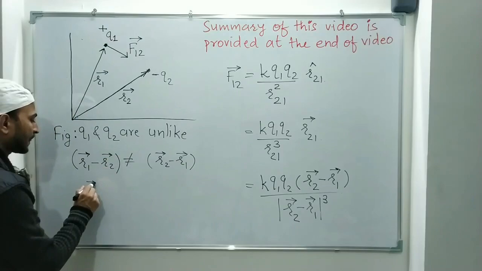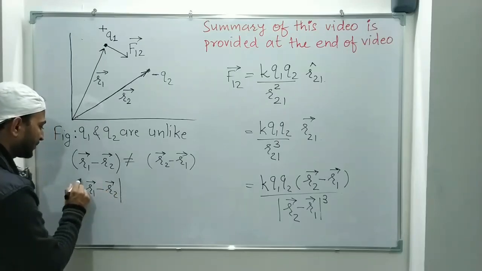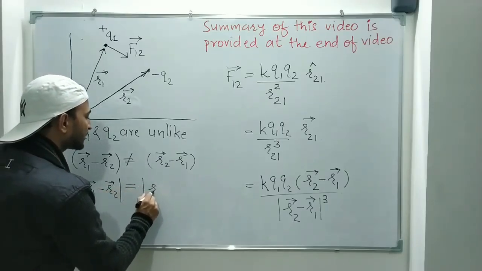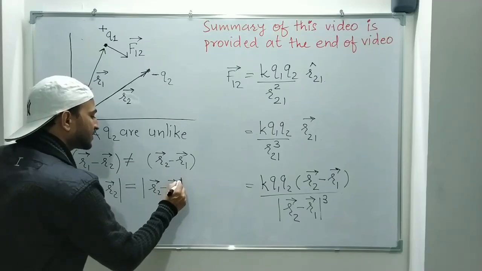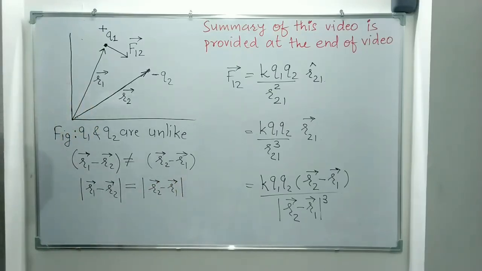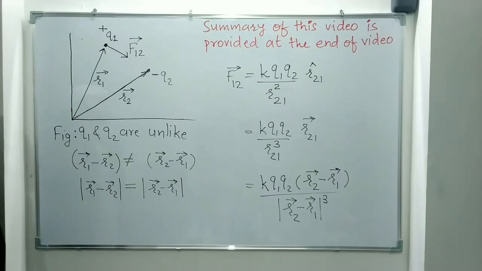But the mod of R1 minus R2 is equal to the mod of R2 minus R1. After taking the modulus, we ignore the negative sign.